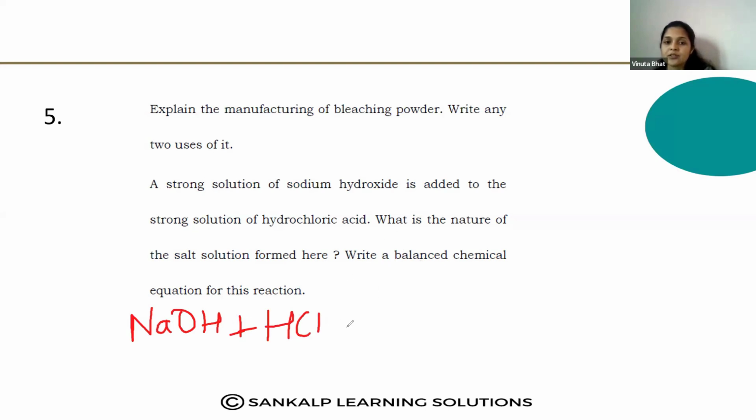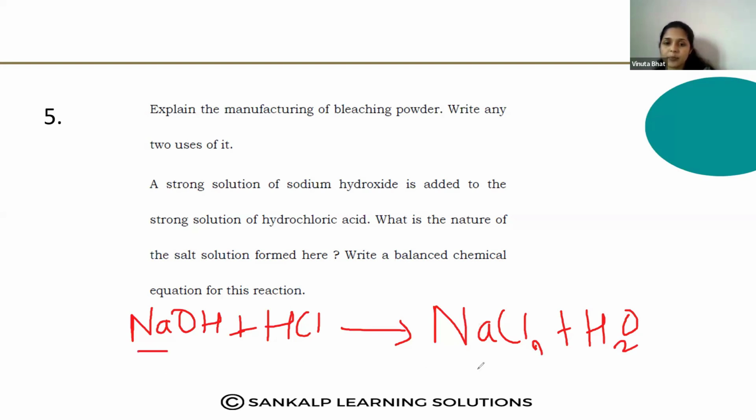What is the nature of the salt formed here? That is sodium chloride, NaCl. Then water, salt plus water is formed here. And write the balanced chemical reaction for this, right?